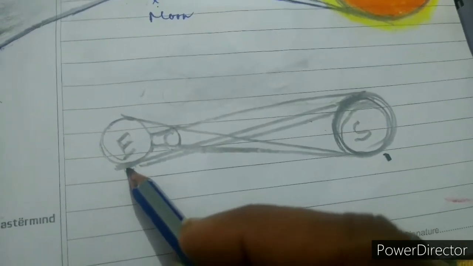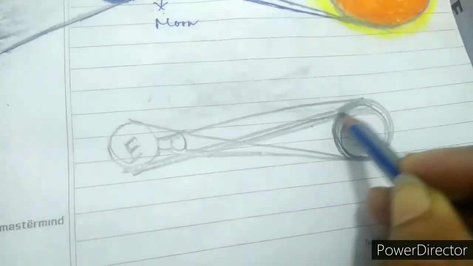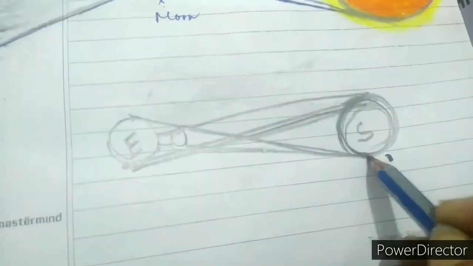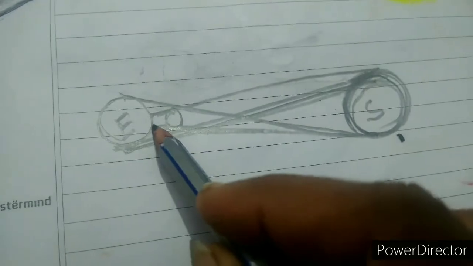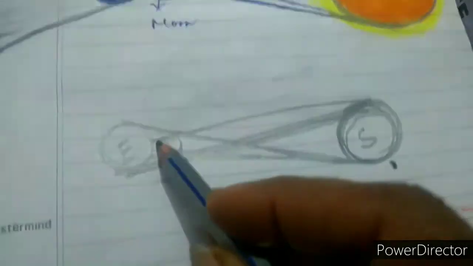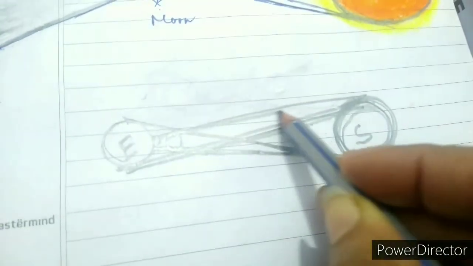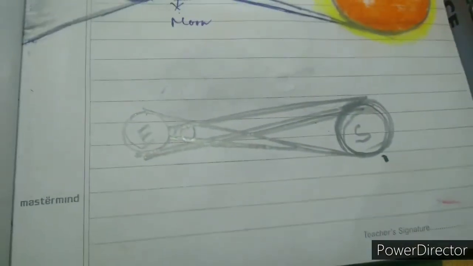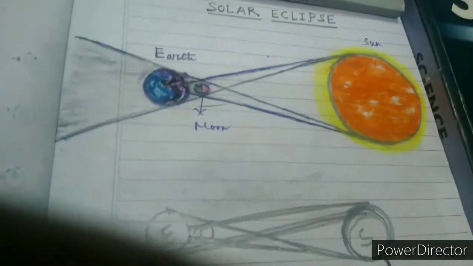First this cross line, after that another cross line, and after that from here one cross line, and from here another cross line. The lines should be straight, so you should use the scale. And now you will understand from this figure.